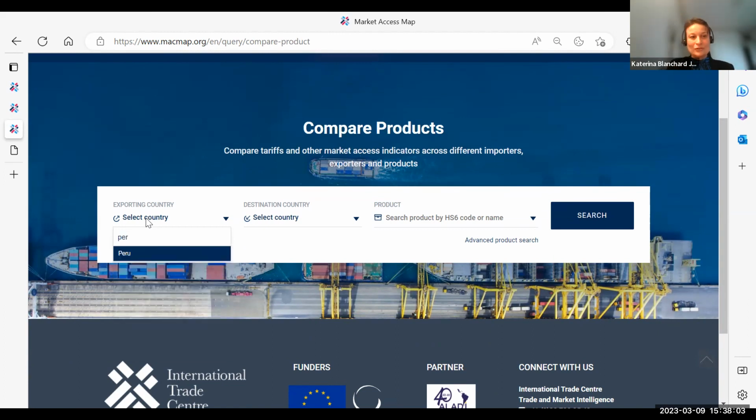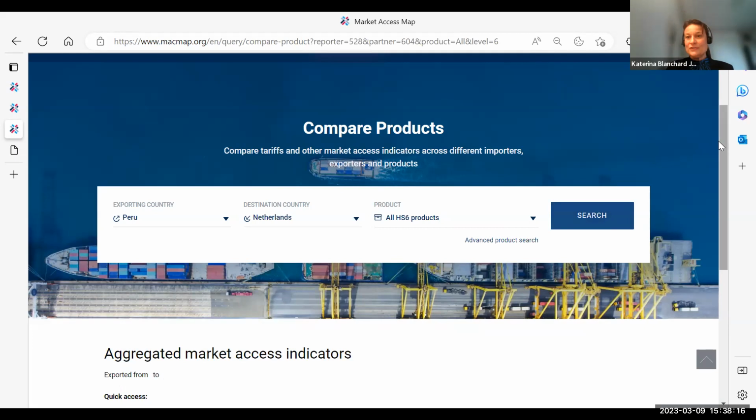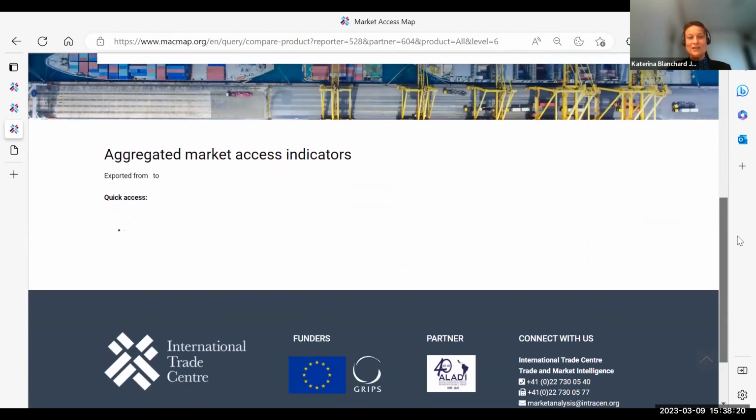So the exporting country would be Peru. Destination country, we can keep Netherlands. Here we have this product search at the HS6 level. Now the system will be searching. We'll have to be a little bit patient.